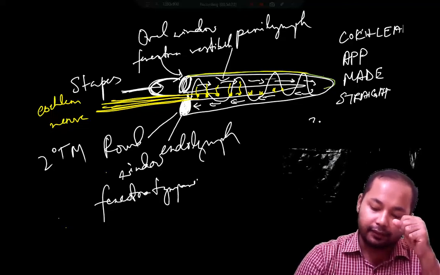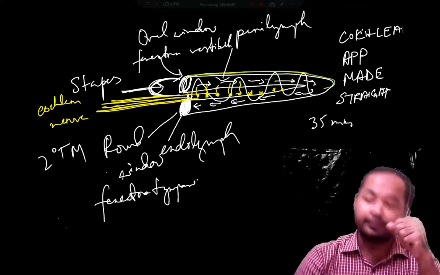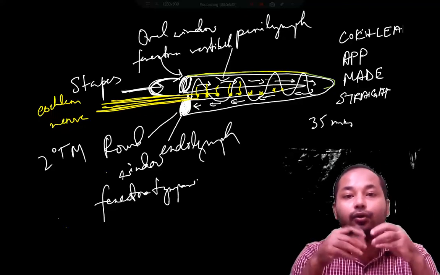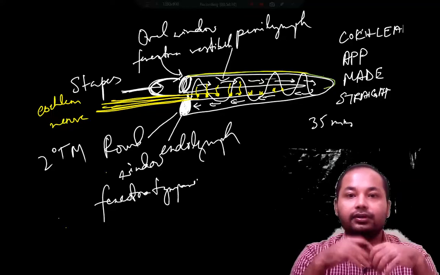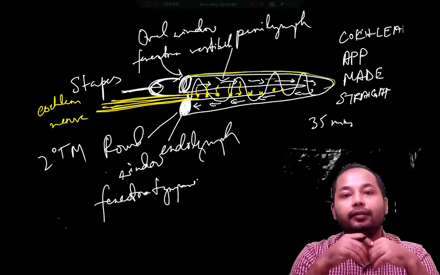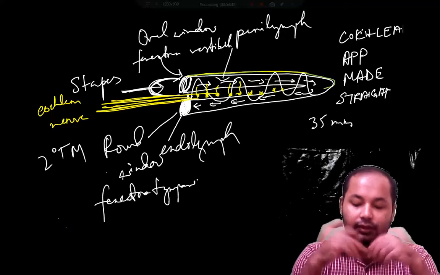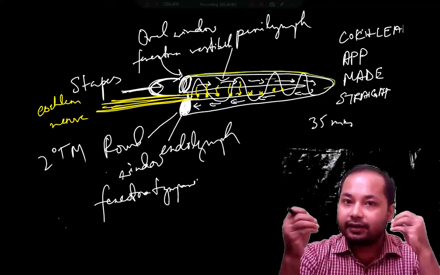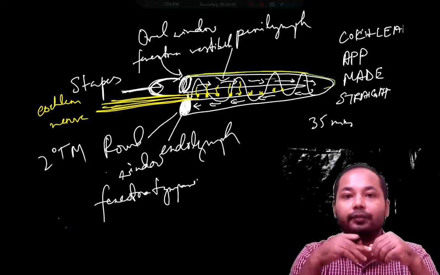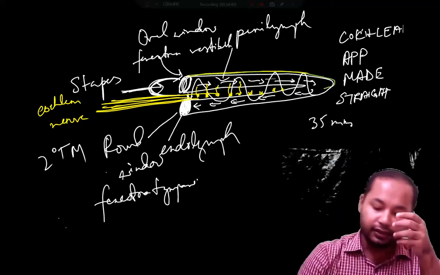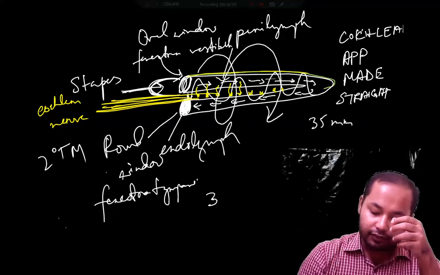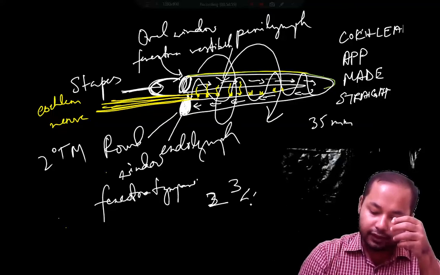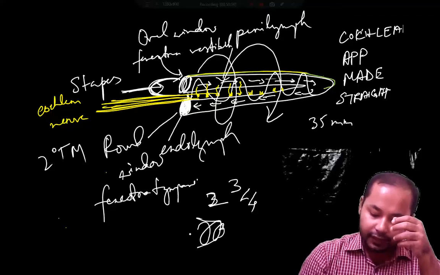It makes up about 35 mm when it is made straight. Otherwise, in a very small space all the things are already there: the cochlea, utricle, saccule, semicircular canal, all of it fits in about 18 mm. But to make the cochlear apparatus straight, you make it up to 35 mm, and then you make turns of this to finally make 2 3/4 turns of this apparatus, which is called the cochlea, and this is the modiolus.